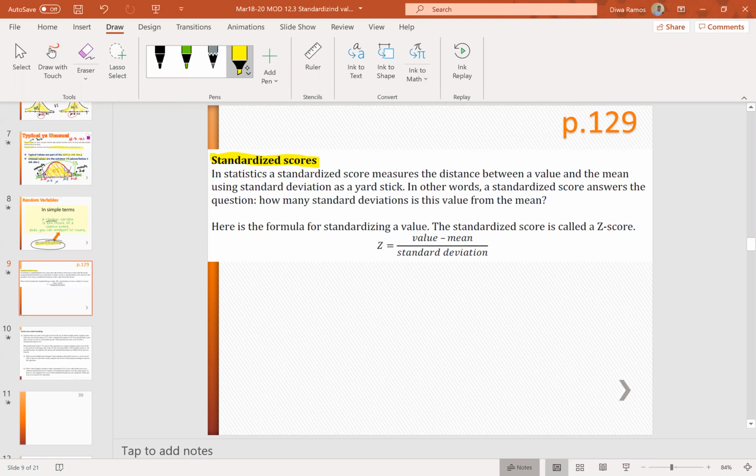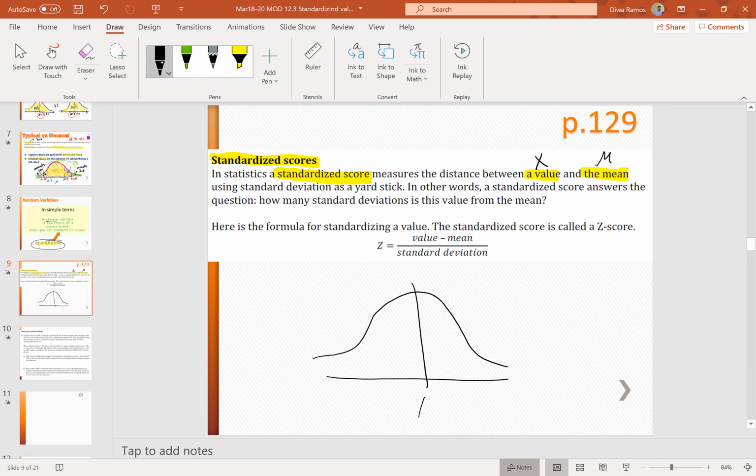In statistics, a standardized score measures the distance between the value and the mean using standard deviation. So, when you have a standardized score, we look at your original value. We often use variable x for that. And we also look at the mean, because the mean is found straight at the center of the distribution.